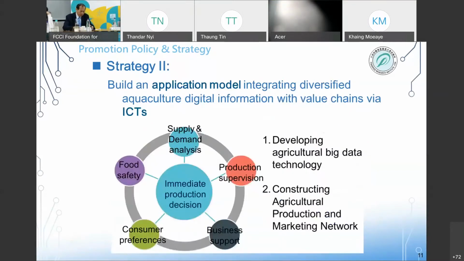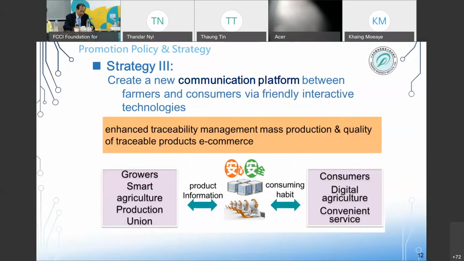Strategy two is to build an application model integrating diversified aquaculture digital information with value chains via ICTs. And strategy three is to create a new communication platform between farmers and consumers via friendly interactive technologies.